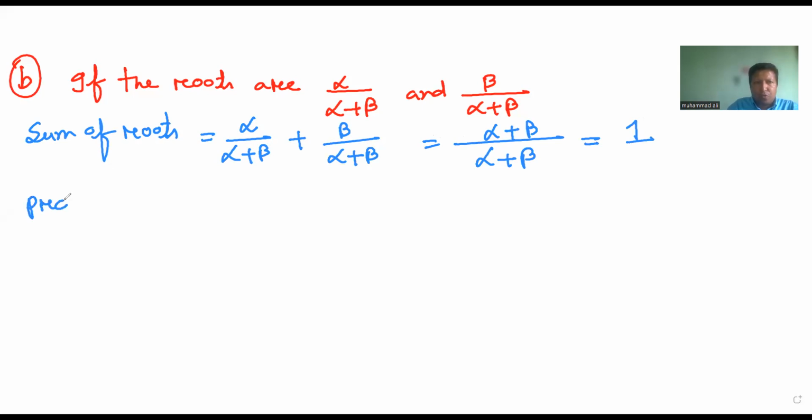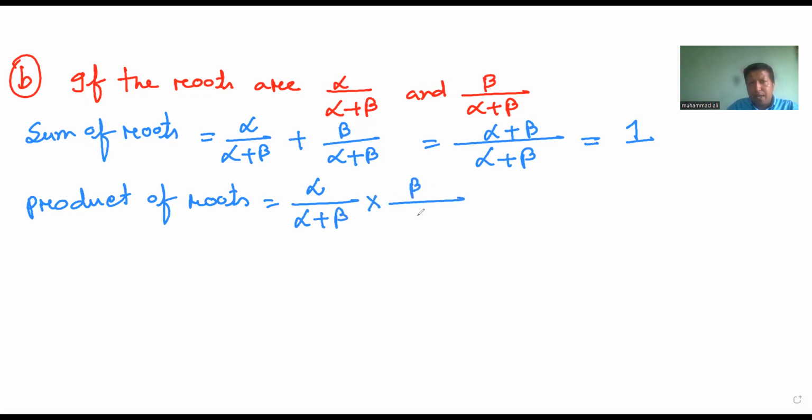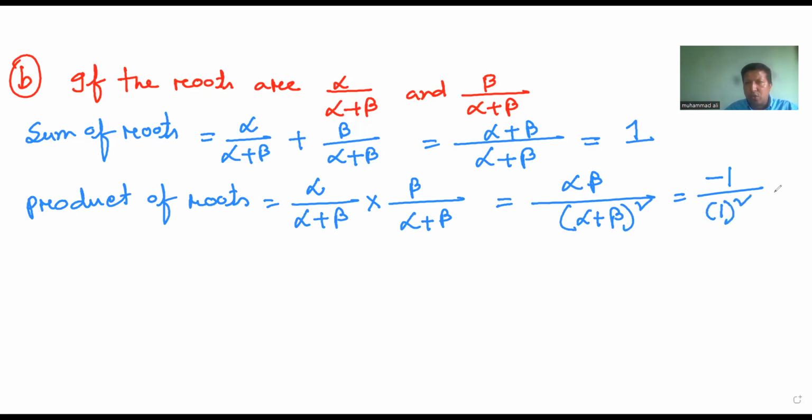And product of roots equals alpha by alpha plus beta multiplied by beta by alpha plus beta. If we multiply, the upper side will be alpha beta, and the lower side alpha plus beta whole square. The alpha beta value we got previously is minus 1, and alpha plus beta is 1 squared. So finally we get here minus 1.